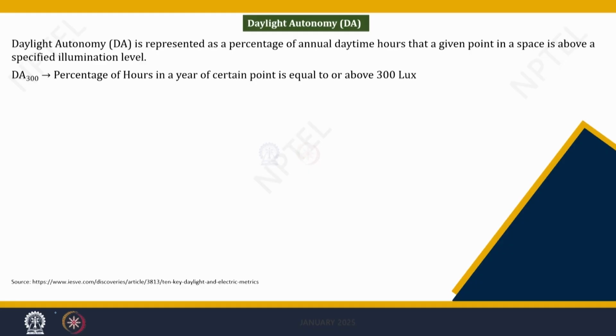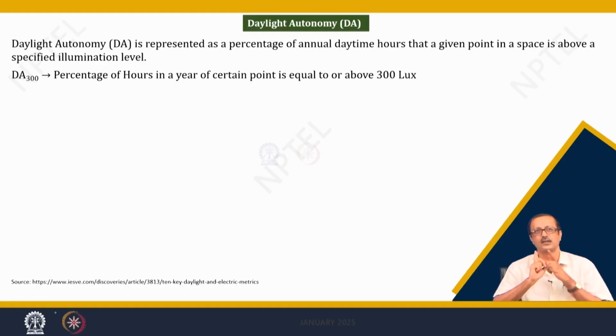What we have discussed in the last lecture, the daylight factor, is a very static kind of parameter. Because of the window aperture size, the orientation, the internal and external reflections, VLT and aperture angles, everything you take, you get a particular daylight factor.